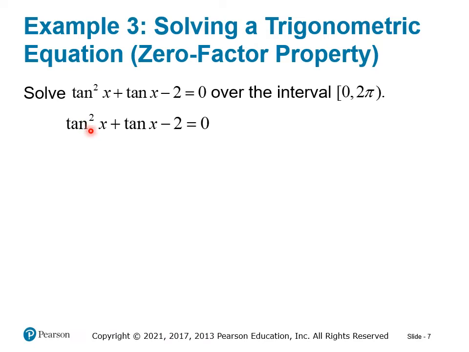And so that's actually sometimes what I will do: I will convert this into a normal variable x quadratic equation. So if I think of x equals tangent x, then this becomes x squared plus x minus 2. Well, this is much simpler for me to factor. This is simply the factors x plus 2 and x minus 1 equals 0.